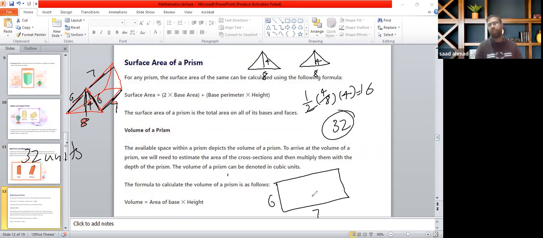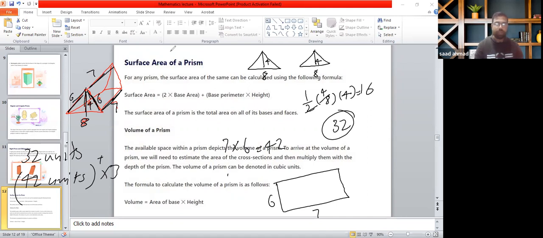So we want to find the area of this, which will be 7 times 6, that is 42 units. That is 42 units for one side, and there are 3 of these sides. So we can multiply it by 3 and then add them. This will give us the area.